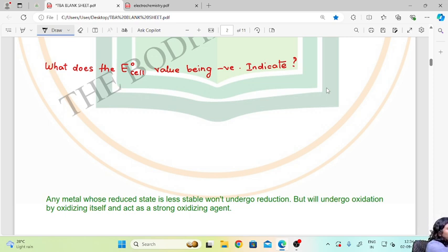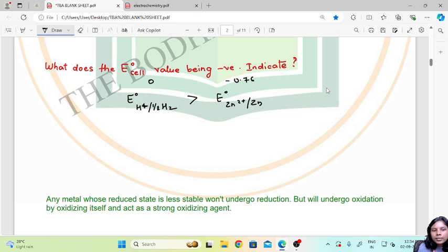So now we can say that E naught of H+ to half H2 is greater than E naught of Zn2+ slash Zn. Now why is this so? This value is what we know, it is 0, and here we have minus 0.76, correct?